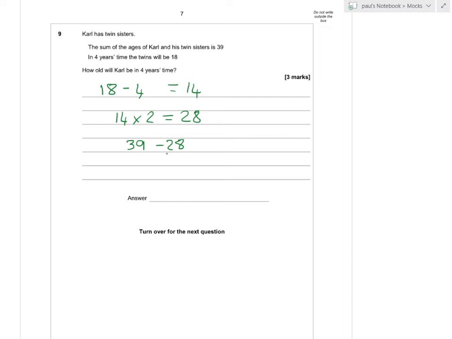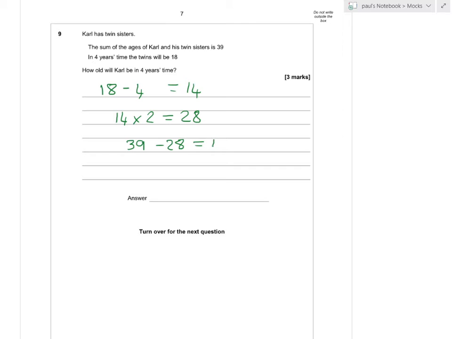Oh, it's not, is it? Let's do that again. The twins will be 18, so now they are 14. The sum of Carl's and his twins, so you've got the twins will be a total of 11.